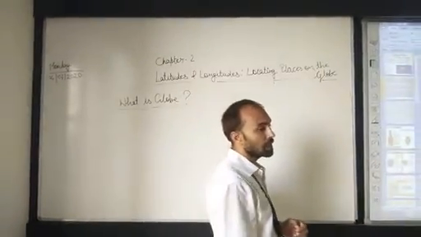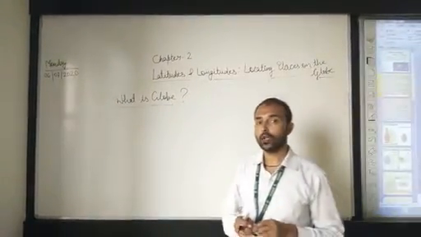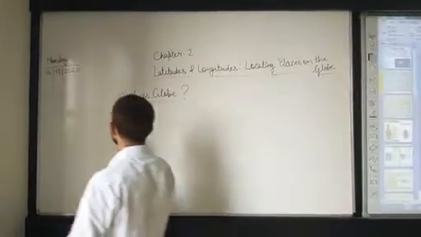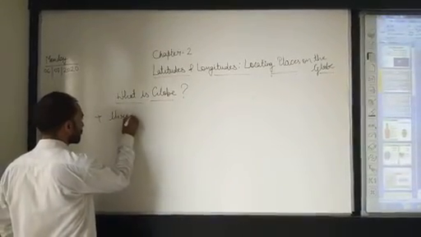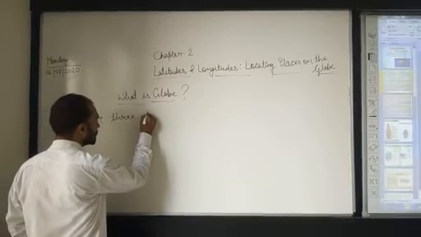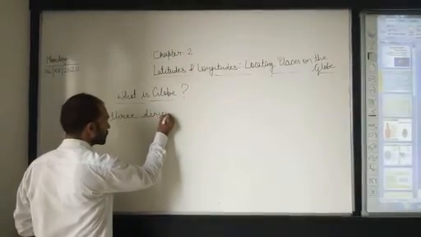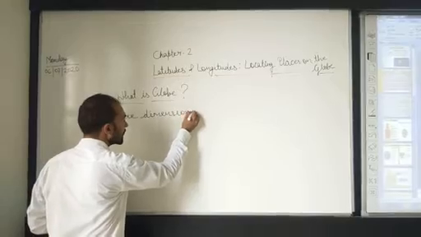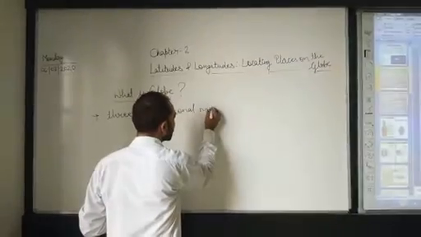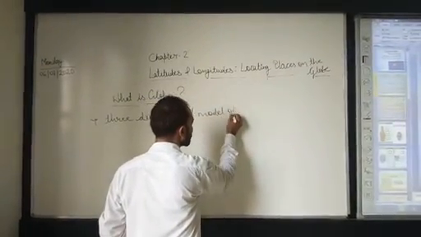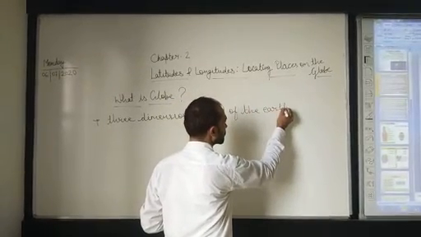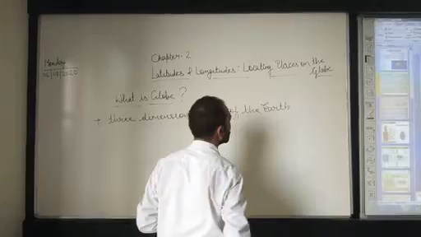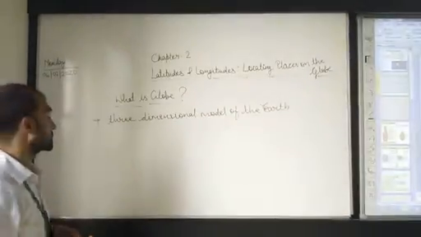So students, let me tell you that a globe is a three-dimensional model of the earth, the first.